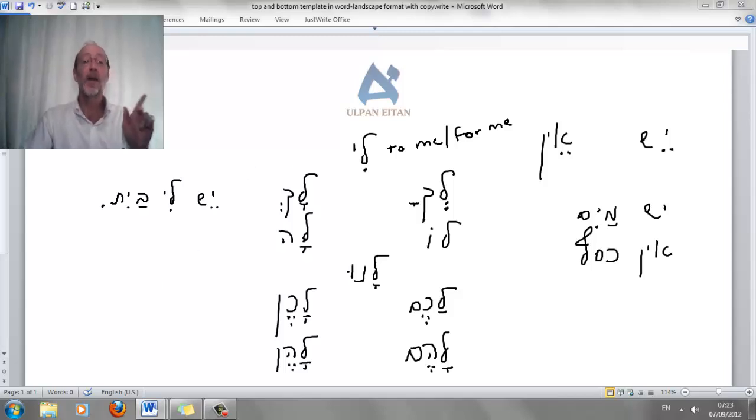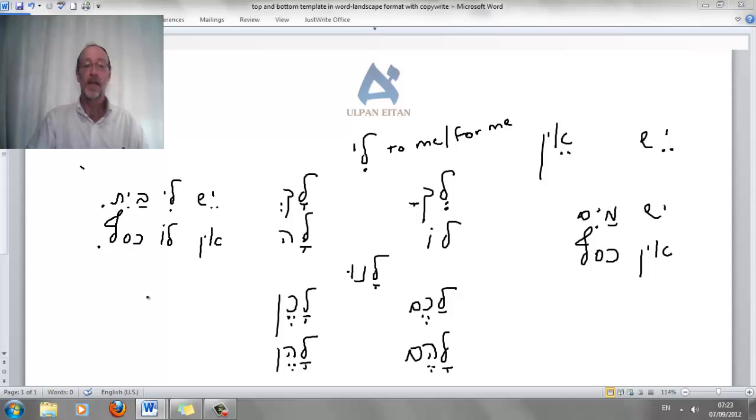And if there was some guy over there and he didn't have money and I wanted to make note of that, what would I say? I would say ein lo kesef. Don't get confused at this point that there are two words lo in the Hebrew language.